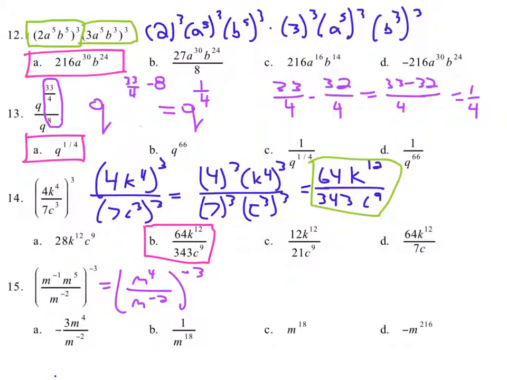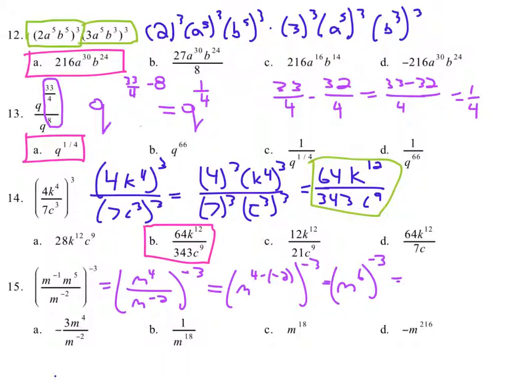Okay? Continuing to resolve it, we've now got in parentheses m to the 4th divided by m to the -2. And whenever you divide two powers of the same base, we subtract the exponents. So we essentially have m to the 4 minus -2, raised to the -3rd, or m to the 6th raised to the -3.